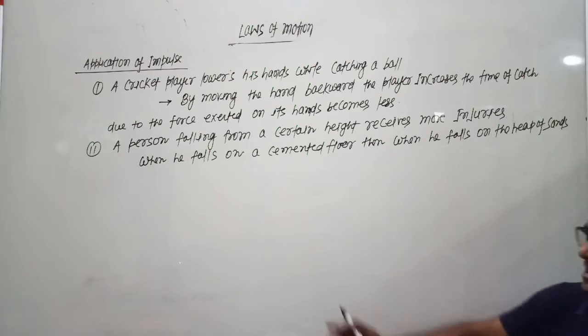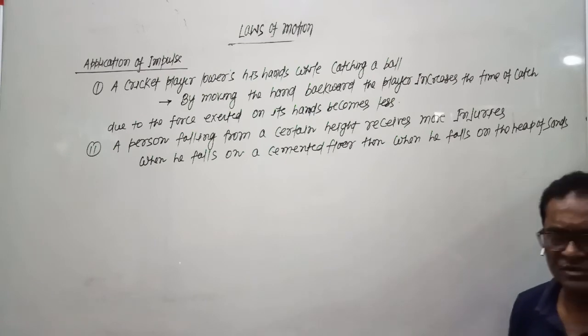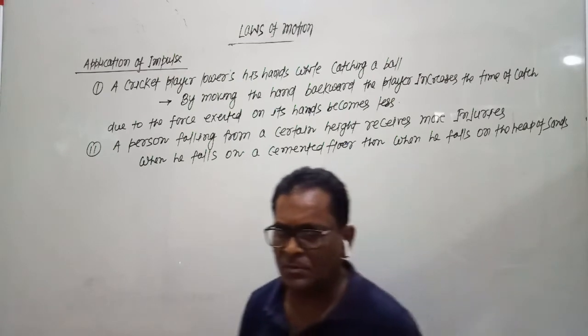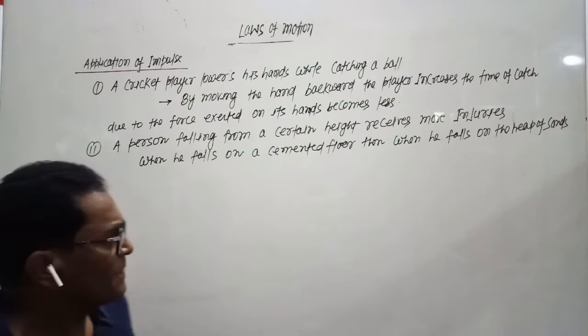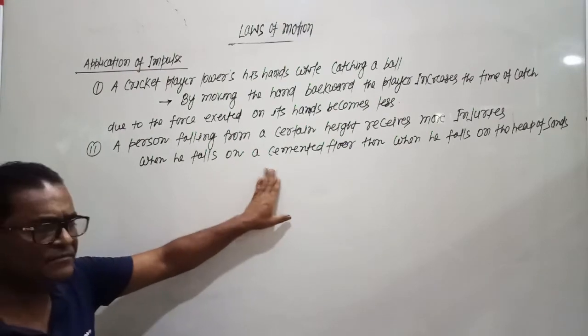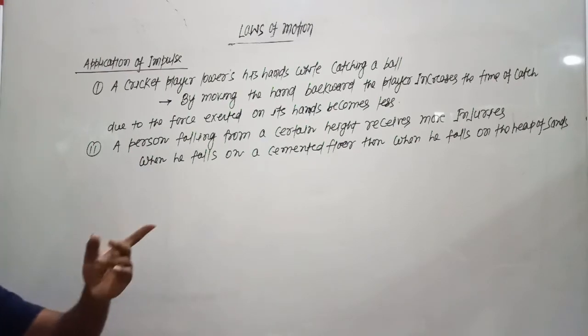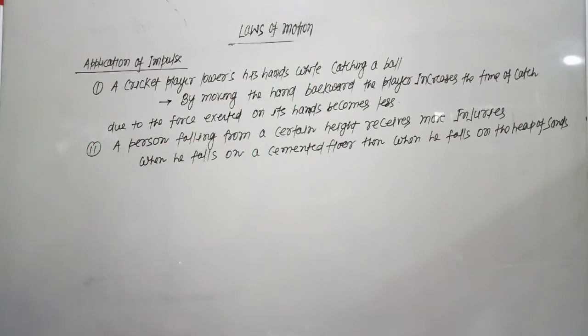But when he falls on a cemented floor, he can't increase the time of stop. That's why the person receives more injuries when he falls on a cemented floor than when he falls on the heap of sand.